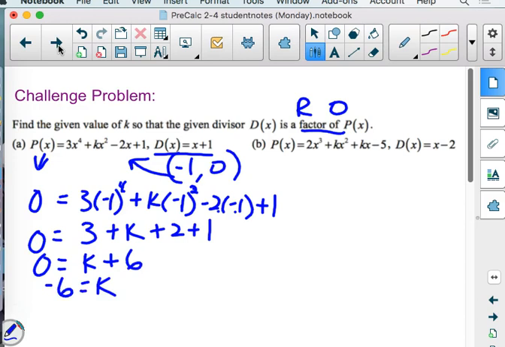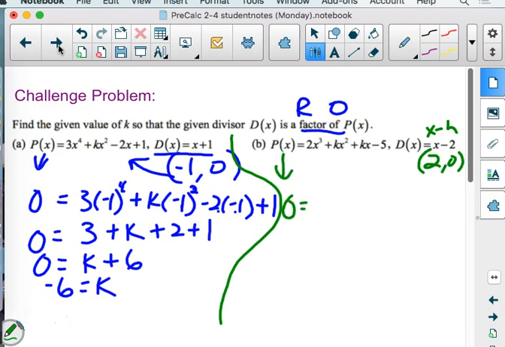So what we have to understand is when you talk about something being a factor, its remainder is 0. So on the other side, I'm not going to use x minus 2. This is x minus h. I'm going to use 2. If you put that in, you're supposed to get 0. So 0 equals 2 times 2 cubed plus k times 2 squared plus, I'm going to write 2k, but I probably shouldn't be skipping steps here. k times 2 minus 5.